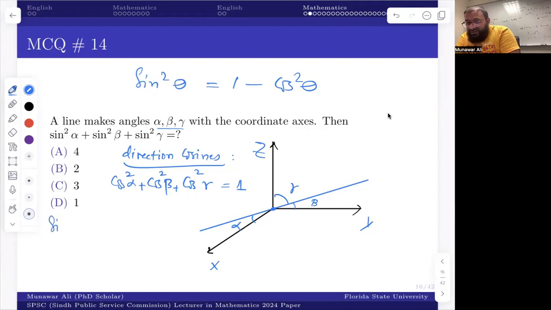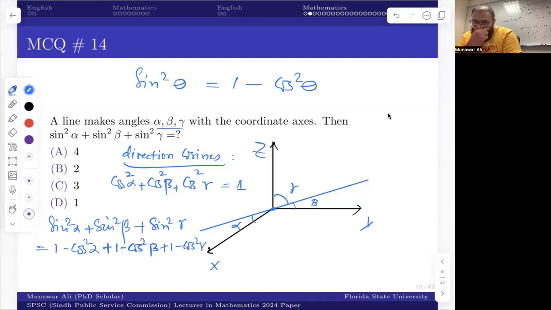So sine square alpha plus sine square beta plus sine square gamma is 1 minus cosine square alpha plus 1 minus cosine square beta plus 1 minus cosine square gamma.